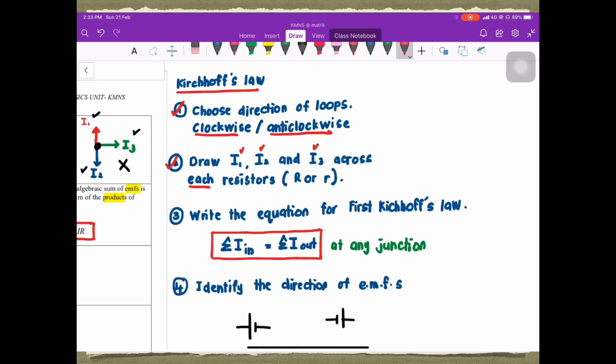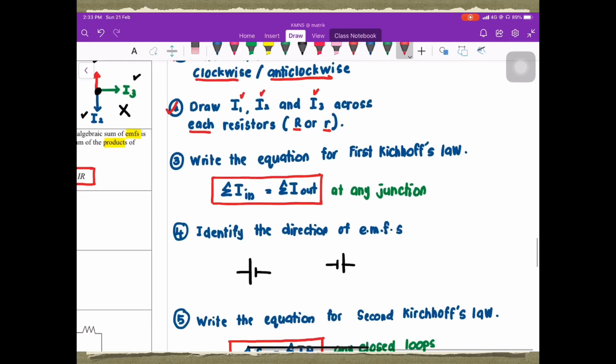The resistors include external and internal resistors. Next step, write the equation for the first Kirchhoff law. You need to write the sum of current into the junction equal to the sum of current out from the junction at any junction.